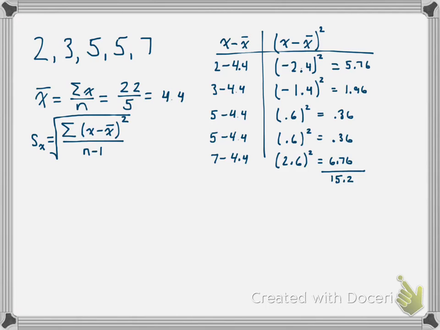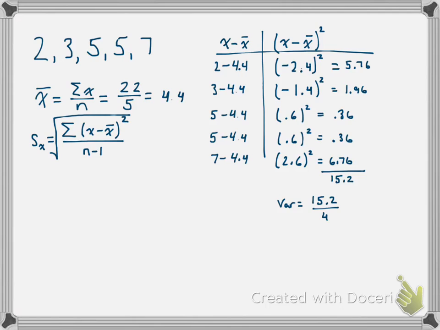So there's our sum. Now our sample variance is equal to 15.2 divided by n minus 1. We have 5 data values, 5 minus 1 is 4.